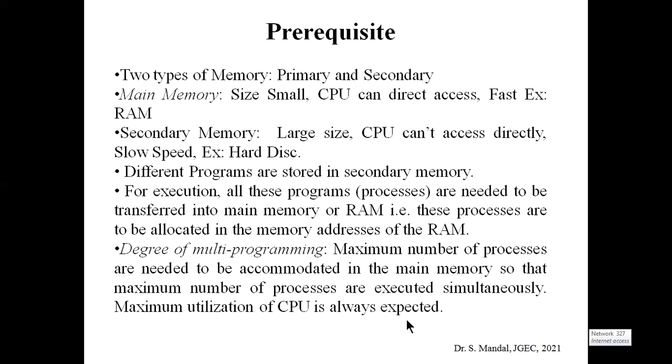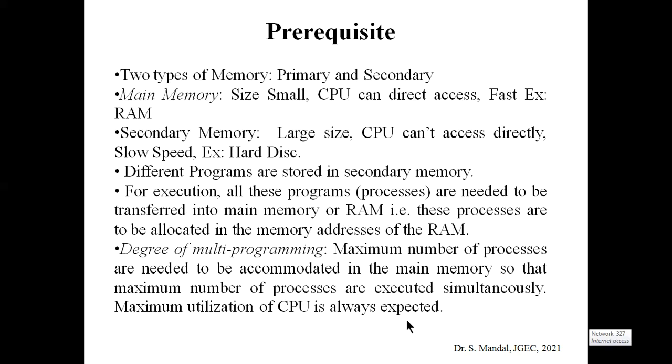All the other programs are located in this secondary memory, whose size is very large, in terabytes or gigabytes. But the important thing is that the CPU cannot access it directly. Although the programs are located in the secondary memory, during execution they should be loaded into the main memory. Another disadvantage of the secondary memory is its slow speed.